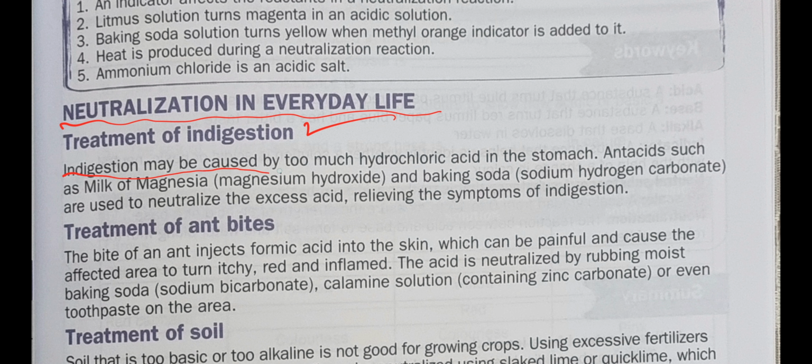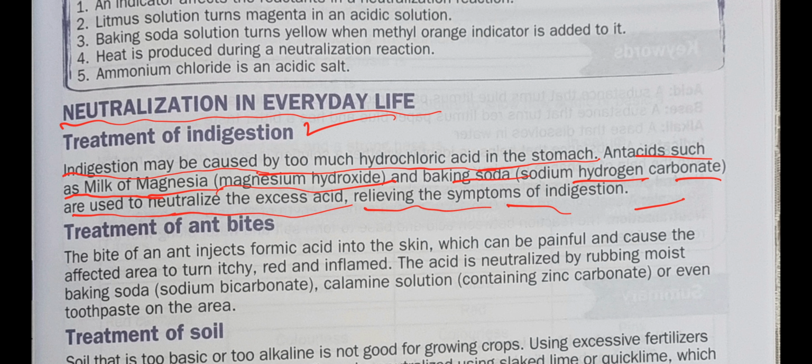Indigestion may be caused by too much hydrochloric acid in the stomach. Antacids such as milk of magnesia, magnesium hydroxide, and baking soda, sodium hydrogen carbonate, are used to neutralize the excess acid and relieve the symptoms of indigestion.